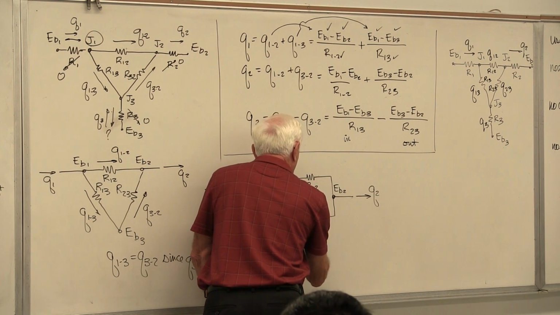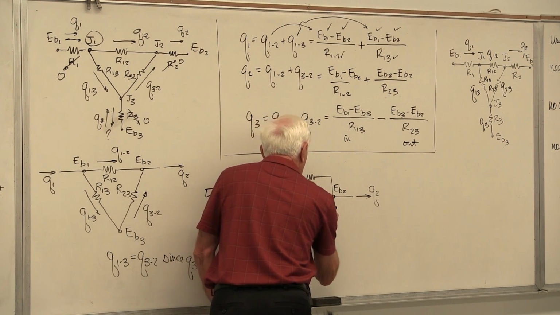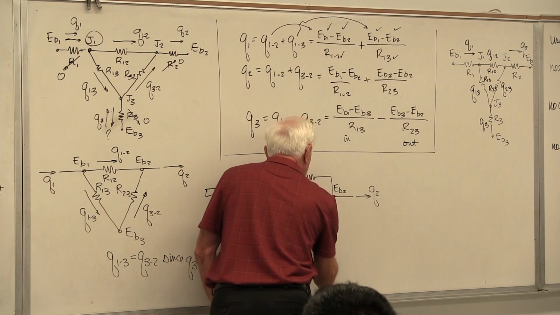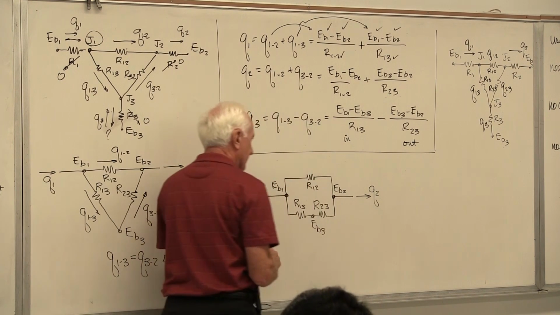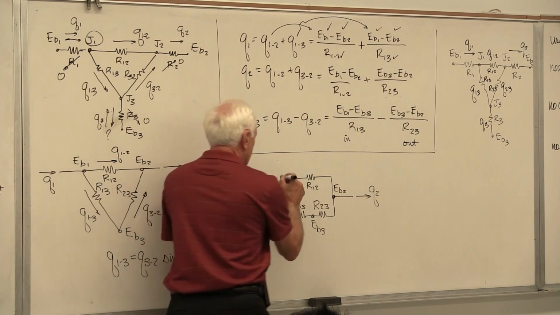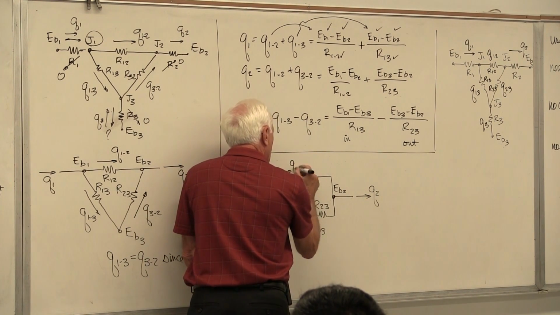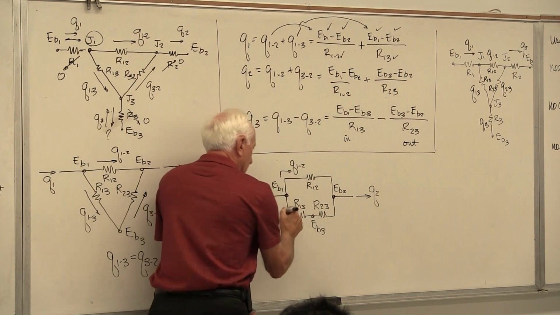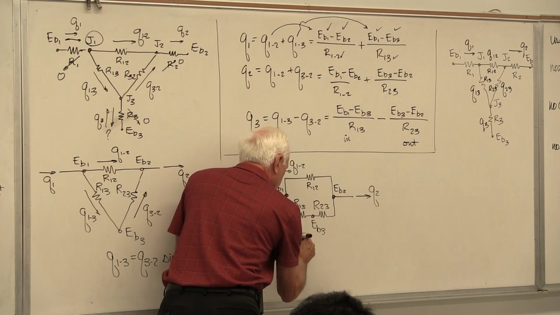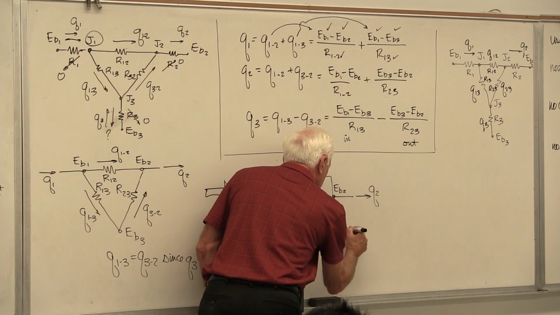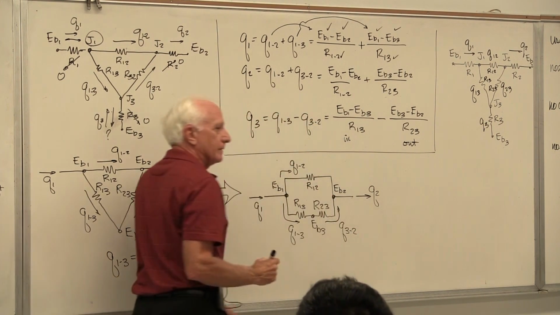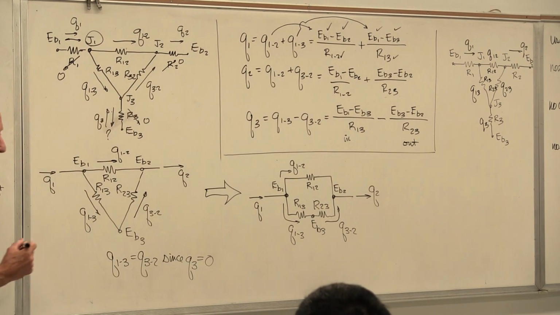This is R13. This is R23. This is EB3. This is Q12. This is Q13. This is Q32. So there's the simple thermal resistance model that you want to work with.